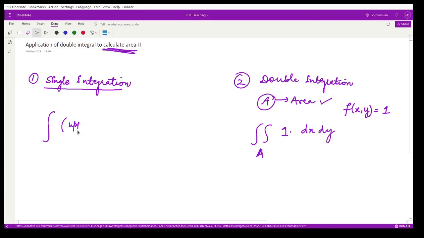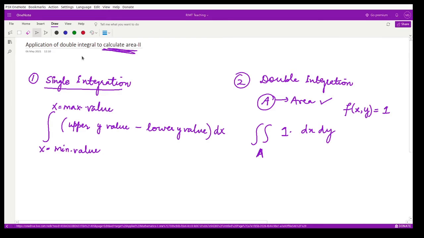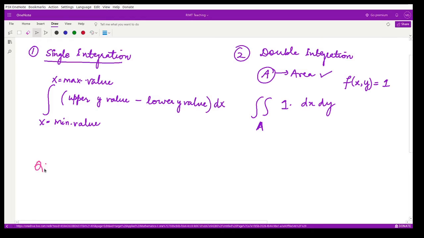So the upper y value minus the lower y value into dx, and the limits of x: the lower limit and the upper limit, or the minimum and the maximum value. So let us see one more question where we have to calculate this area. So write down the question.